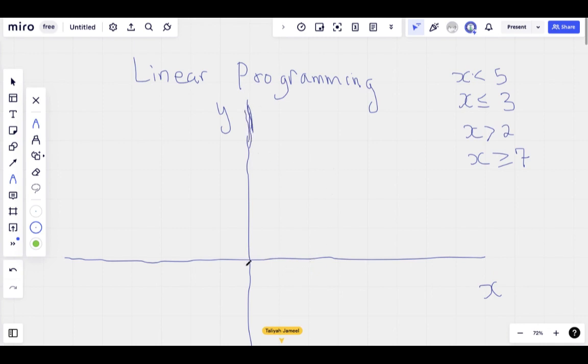Then, for example, if this is our origin 0, and here we have 1, 2, 3, 4, 5, and similarly on the x-axis we have 1, 2, 3, 4, 5, this is our normal graph.